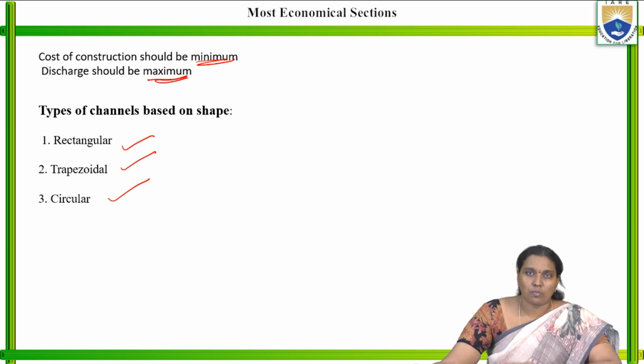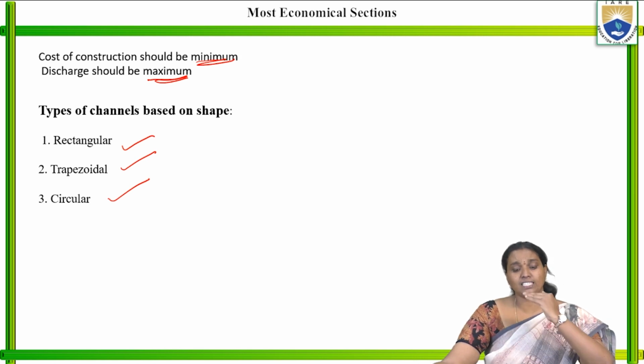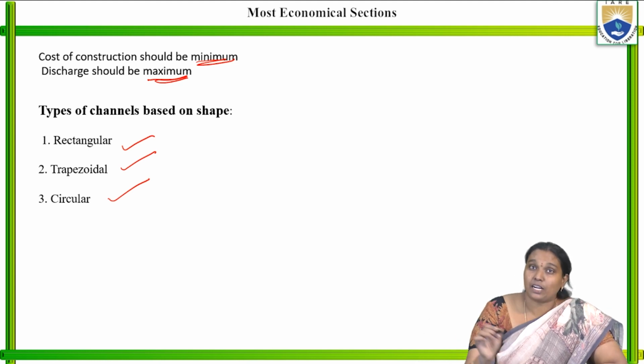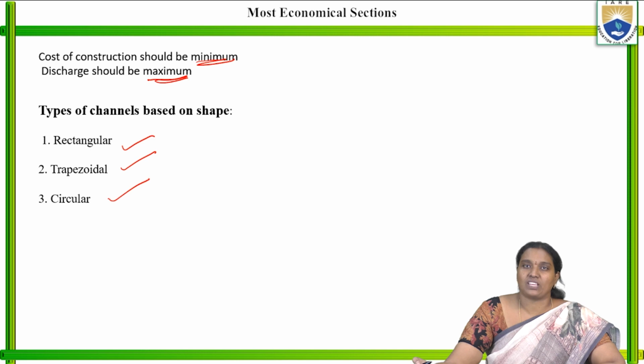In that, channels are classified based on their shape as rectangular, trapezoidal and circular. Coming to discharge being maximum, it means the wetted perimeter should be minimum. That is the condition we apply for identifying the conditions for most economical channel sections.